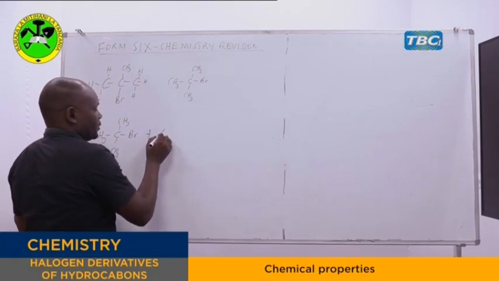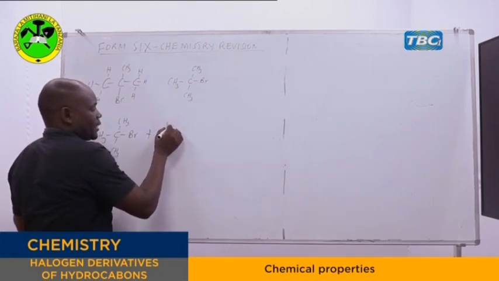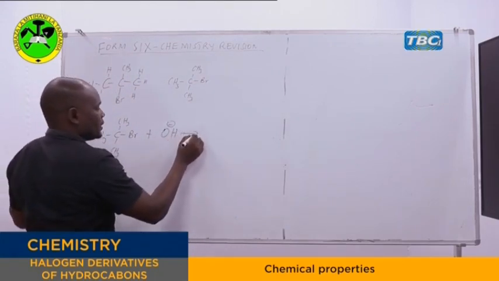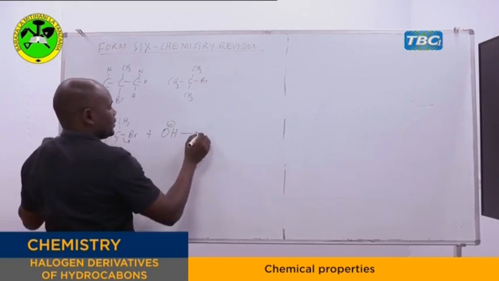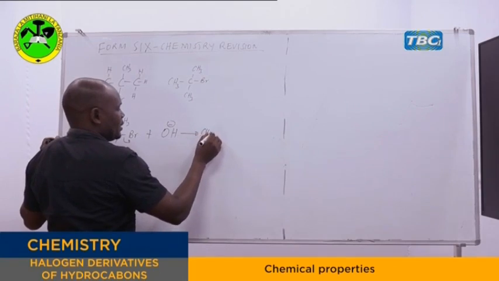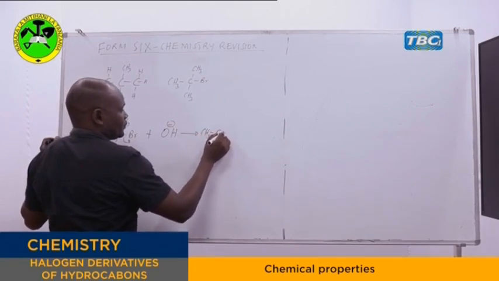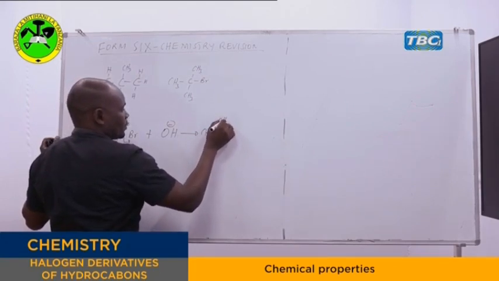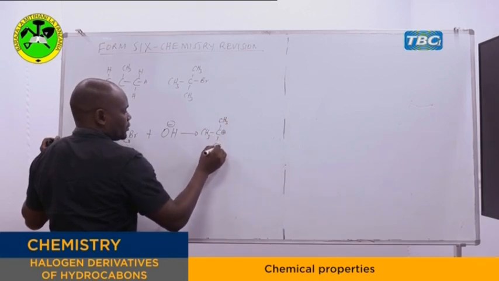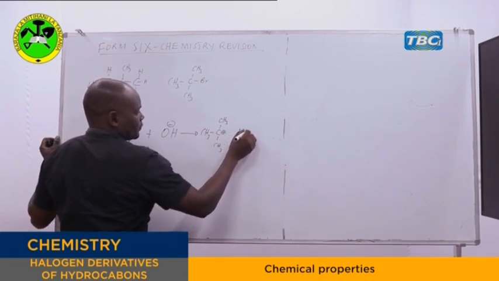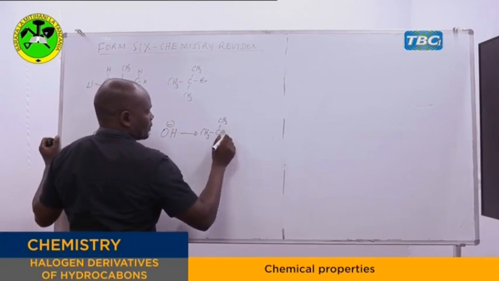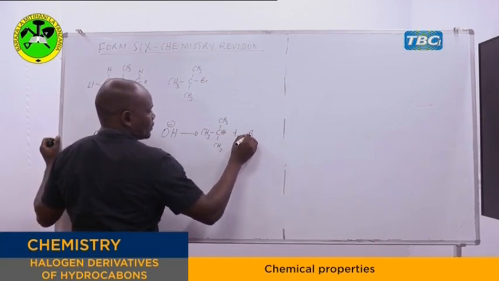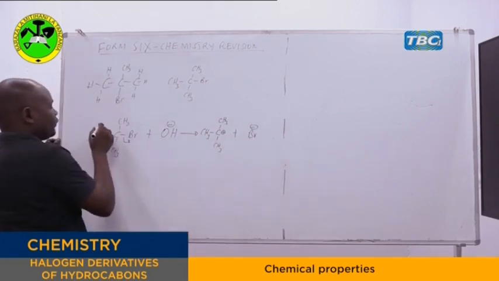So our nucleophile is hydroxide. It will react whereby the bond will break down there, and you have the intermediate carbocation, which is this one. This is now the first step.